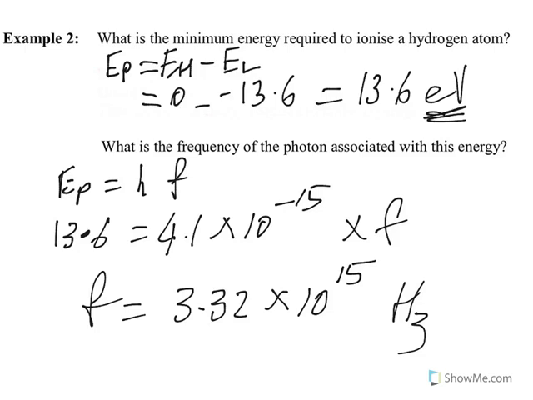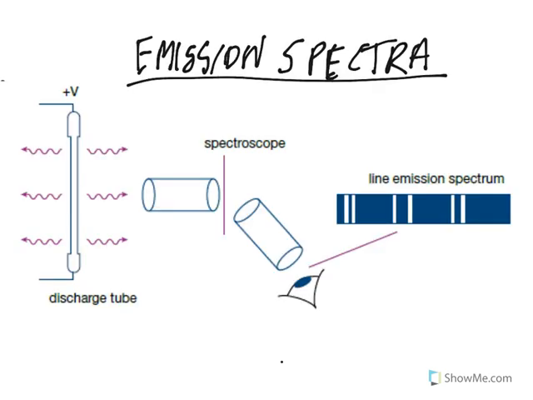All right. So all of that idea of electrons moving between energy levels and light being given off, photons being given off, leads us to the idea of an emission spectra. All right, so here's the idea behind it. An emission spectra. We have what's called a discharge tube.